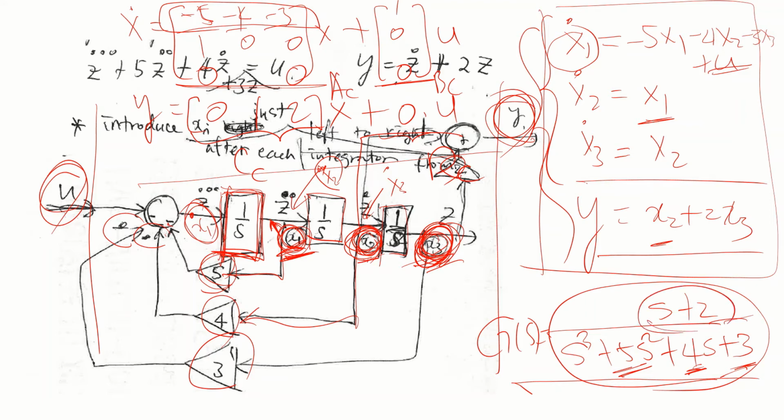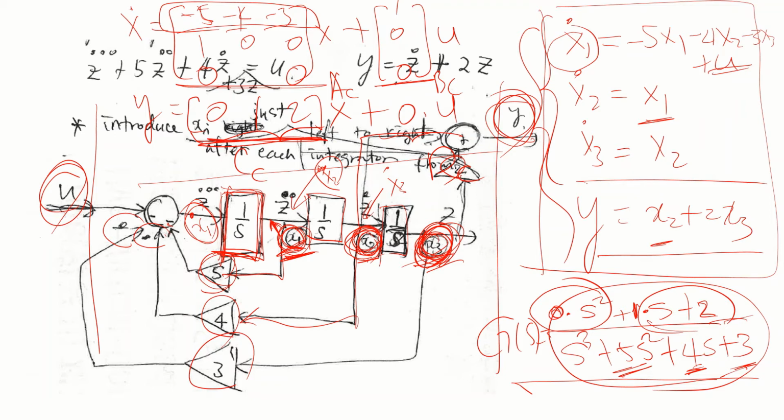S plus 2, I have 1, and you might have s square in the numerator, but now its coefficient is 0. So that's why this one doesn't appear in the numerator. So now I have 0, 1, 2, and these constants appear in the C matrix, right?